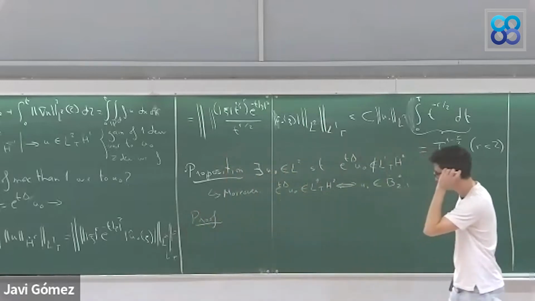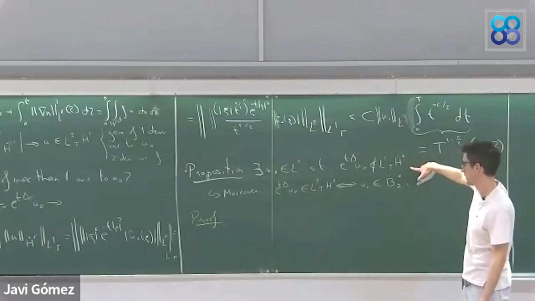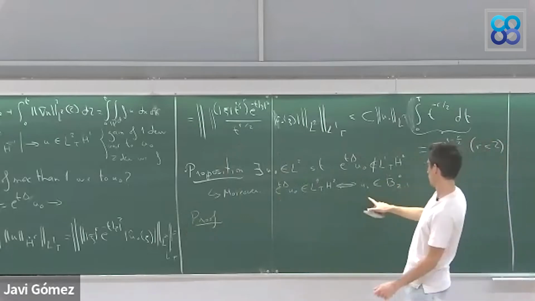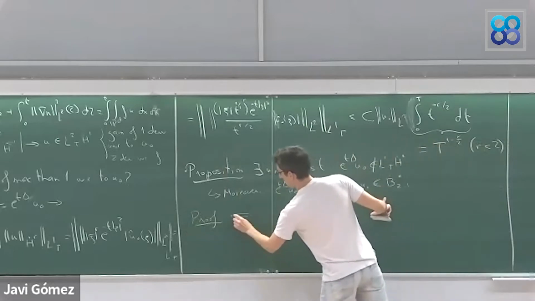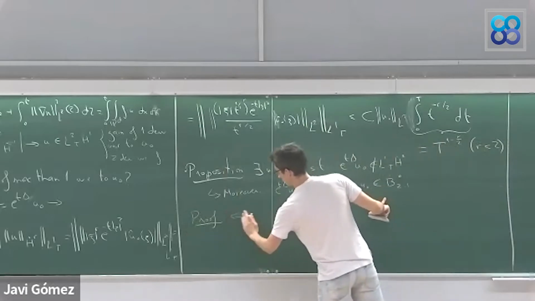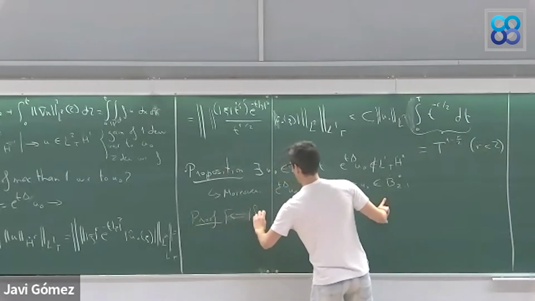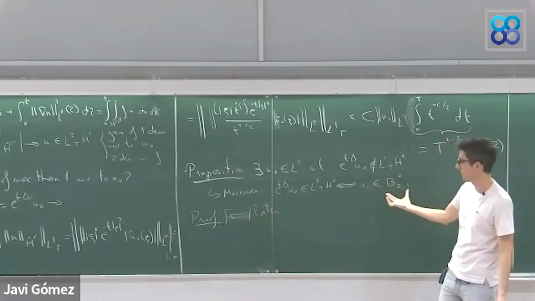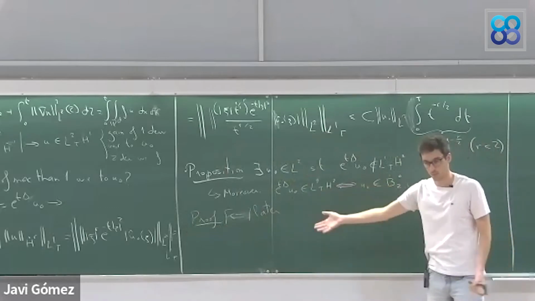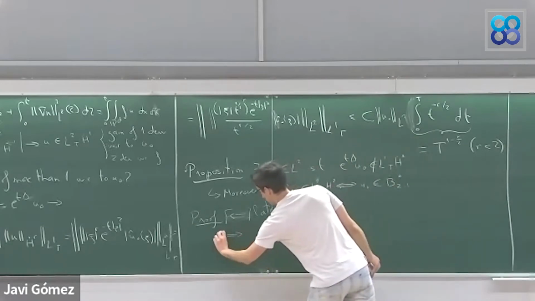So I will show you an example for this first part, this direction from here to here. I will prove this later because I will prove it in general for Bessel spaces, which is the better result. So now I'm just interested in the counterexample part.